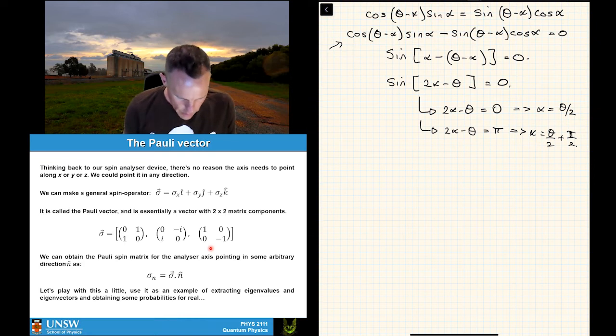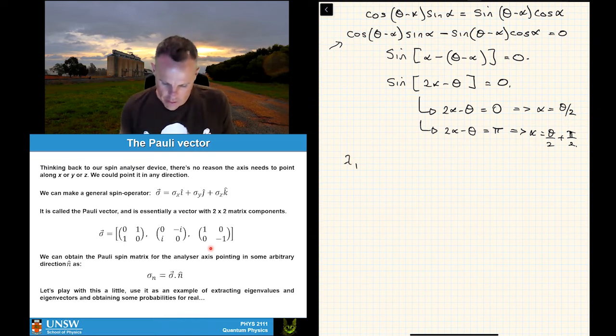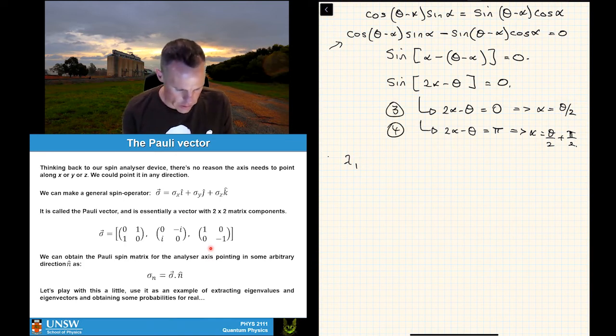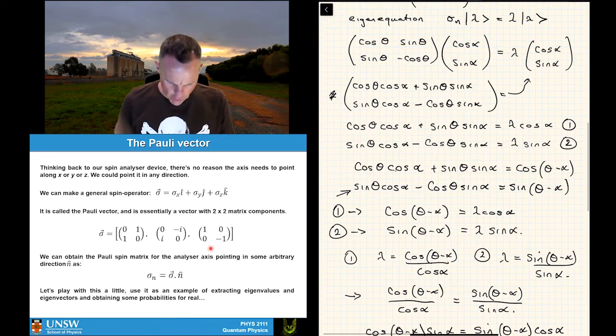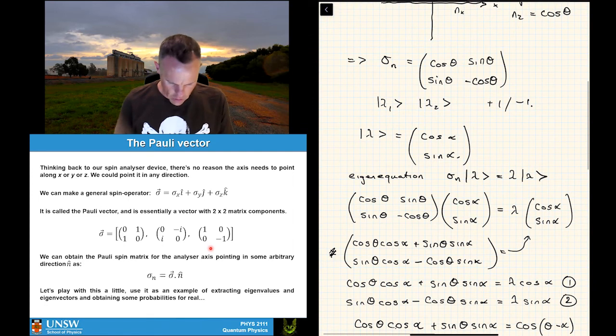So what we're going to do here is call the first one lambda 1. Let's call this one 3 and this one 4. So we're going to deal with 3 first. We're going to call this lambda 1, and you remember that we defined our lambda right up the top.